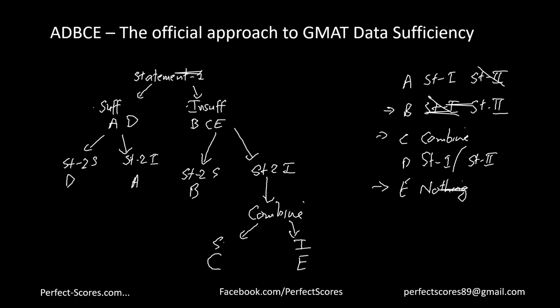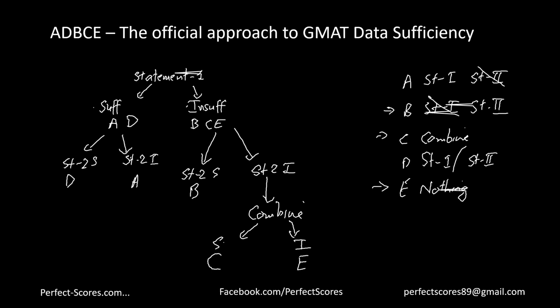If statement 2 is sufficient, then the answer is D. If statement 2 is insufficient, then the answer is A. On the other hand, if statement 1 is insufficient and statement 2 is sufficient, the answer is B, and if statement 2 is insufficient, then you combine both the statements. When you combine both the statements, if combining turns out to be sufficient, then the answer is C, and when combining turns out to be insufficient, then the answer is E.